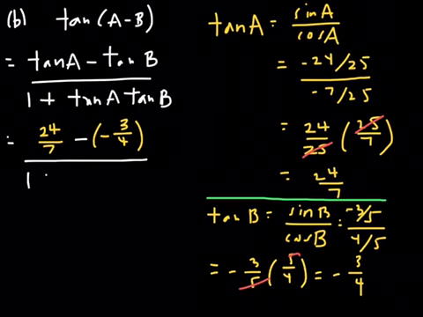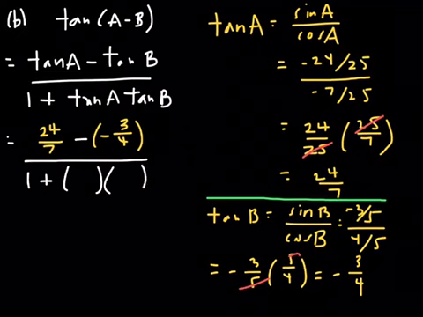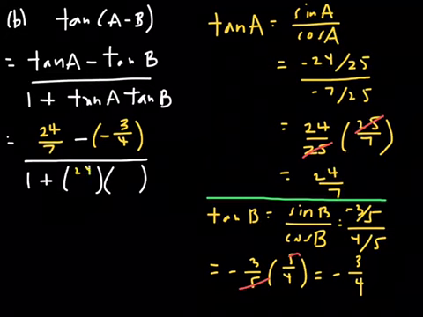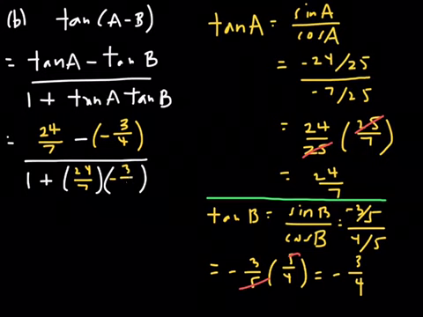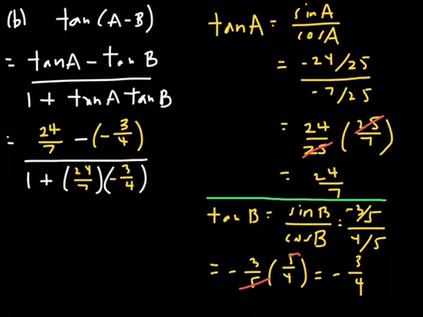And then down here we got 1 plus, and then we have tangent of A times tangent of B. All right, tangent of A is 24/7. Tangent of B is negative 3/4. Cool deal. All we have to do now is simplify this expression, and that'll give us tangent of A minus B. All right, let's continue.